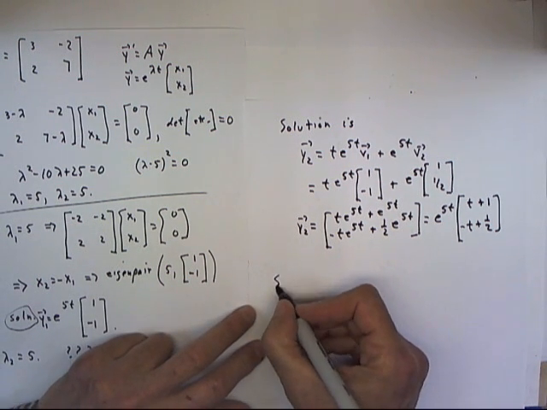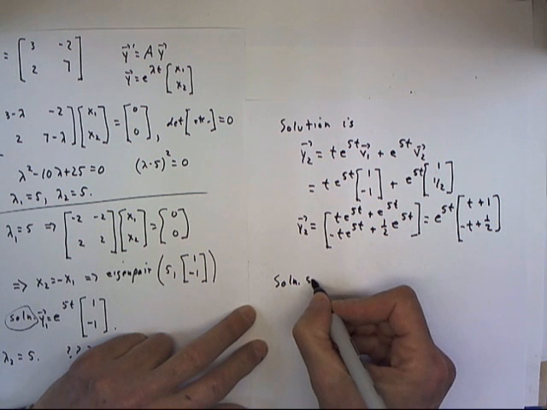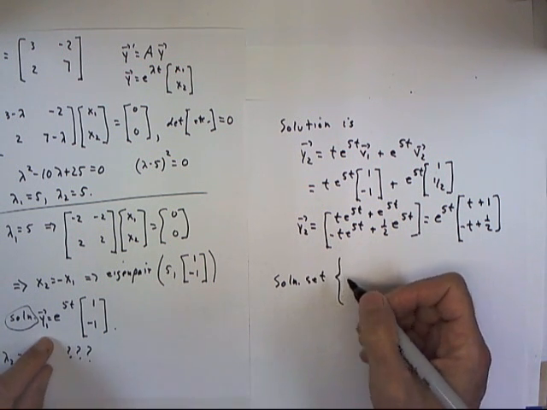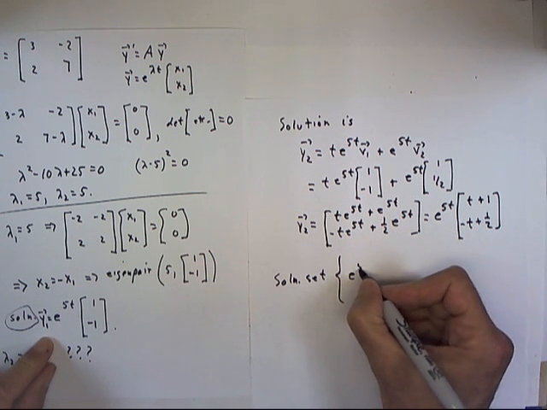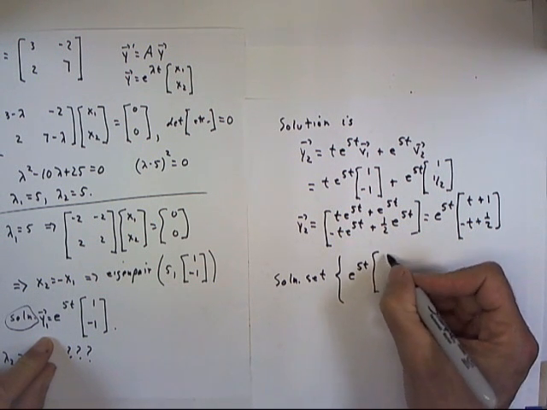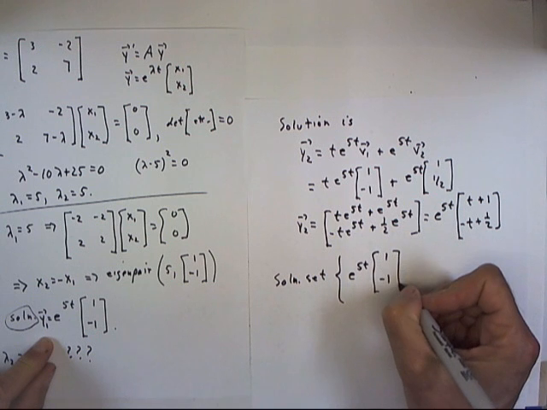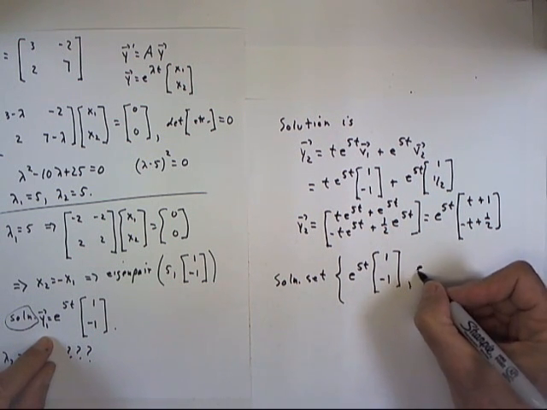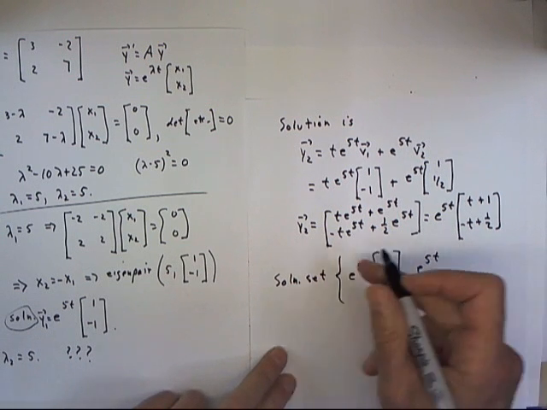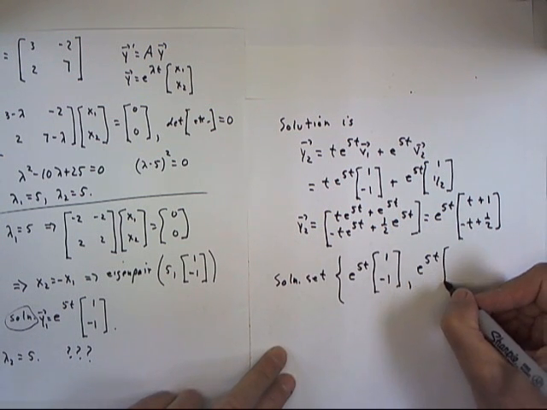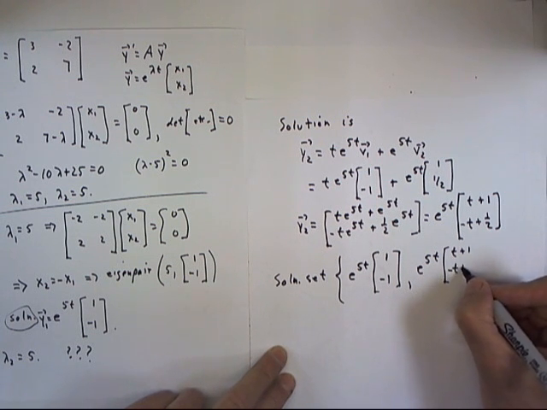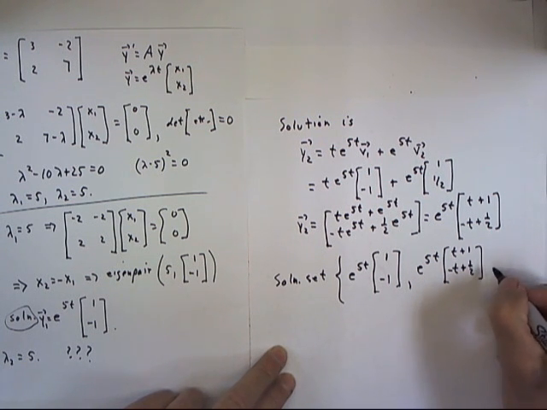So that our solution set is our y1, which is e^(5t) times the vector (1, -1), and e^(5t) multiplied by the vector (t + 1, -t + 1/2).